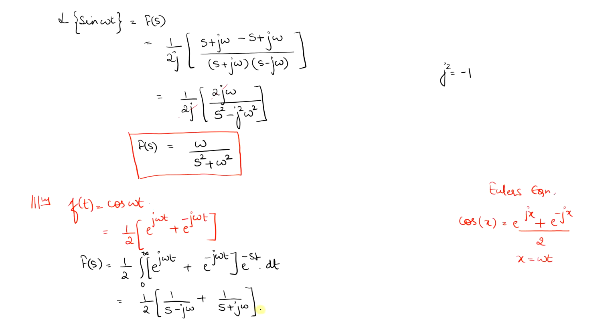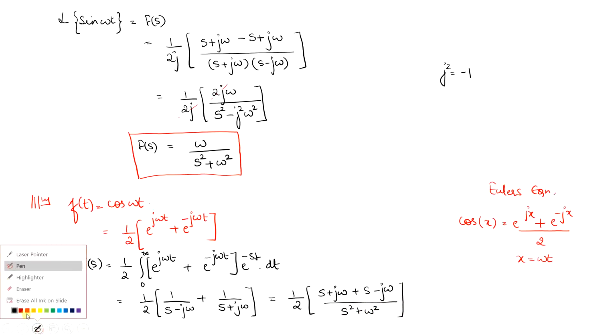So on cross multiplying and substitution, you will get this as 1 by 2 into s plus j omega plus s minus j omega divided by s square plus omega square. You can clearly see j omega getting cancelled with j omega.